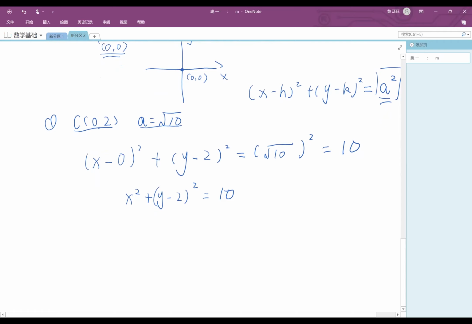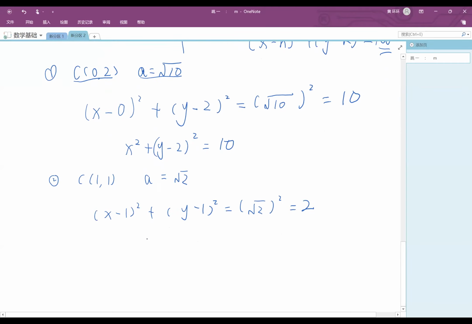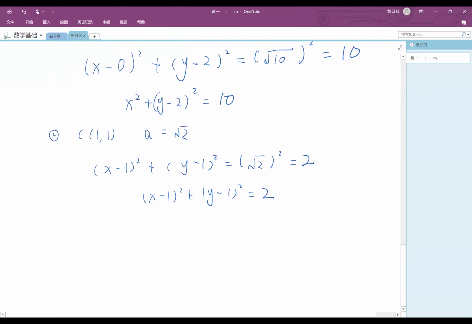The second one: the center C is (1, 1) and the radius a is equal to the square root of 2. So we can write the equation: (x minus 1) squared plus (y minus 1) squared is equal to a squared, and the square root of 2 squared is equal to 2, right? So the equation of this circle is (x minus 1) squared plus (y minus 1) squared is equal to 2. This is the second one.